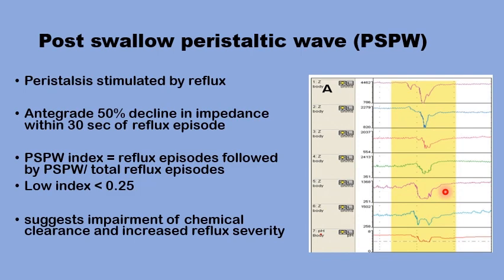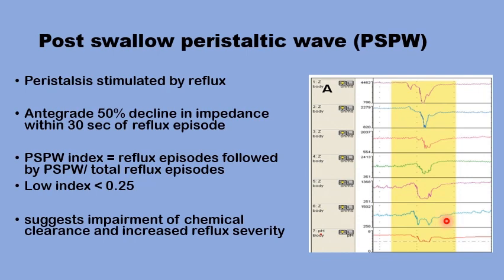This is a natural thing in normal individuals and should be found after most of these reflux episodes: a small decrease in the impedance level going from upwards downwards, that is to say from the upper esophageal sphincter downwards to the lower esophageal sphincter, to clear the lumen from the offending refluxate.